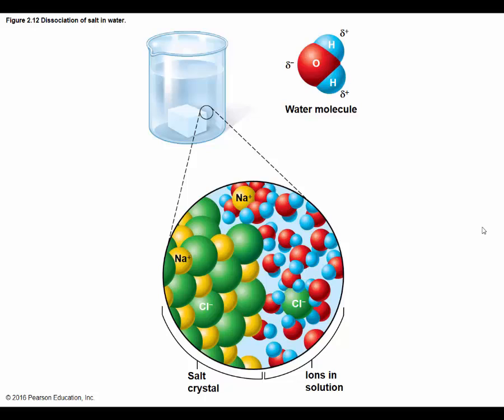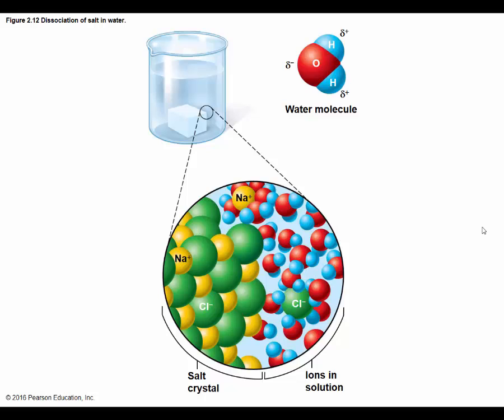So that means when we throw a salt in water that's made up of a positive metal and a negative nonmetal, a positive and negative ion, you can see here that the hydrogen atoms that are positive are attracted to the negative chloride ion, and the sodium, which is a positive ion, is surrounded by the slightly electronegative oxygen part of the water molecule.